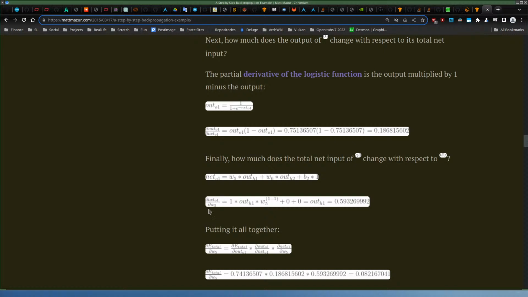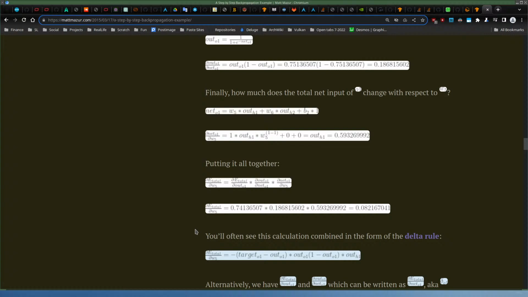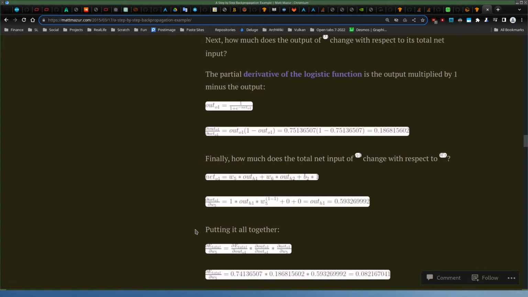They calculate the net 01, which is a bit weird. Anyway, it's relative to the weight number 5. Then we get numbers out of that.